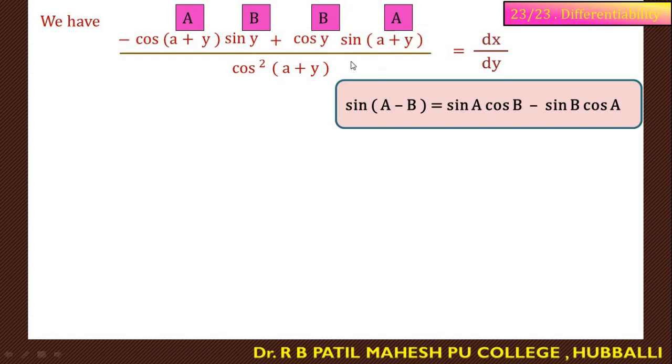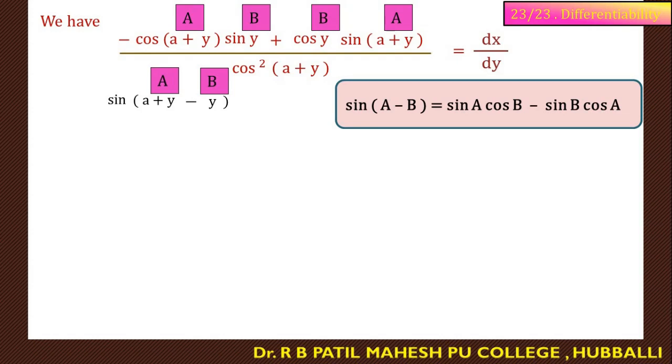See, it becomes sin a cos b, that is the first expression, minus sin b cos a. So this numerator is nothing but this expression. Therefore this can be written as sine of a minus b. It is called the compound angle formula. So the numerator is now written as sine of a minus b, where the a angle is a plus y, minus, and the b angle is y.